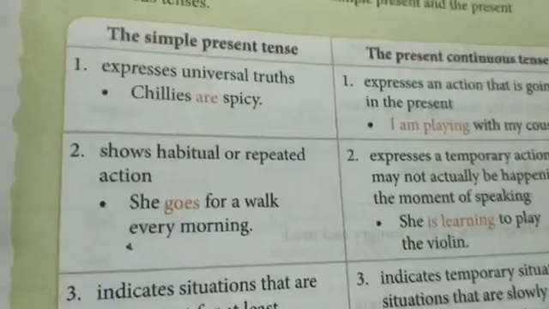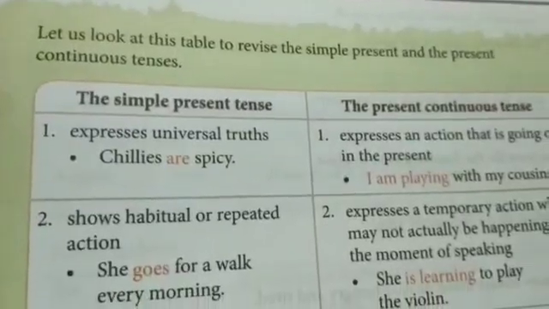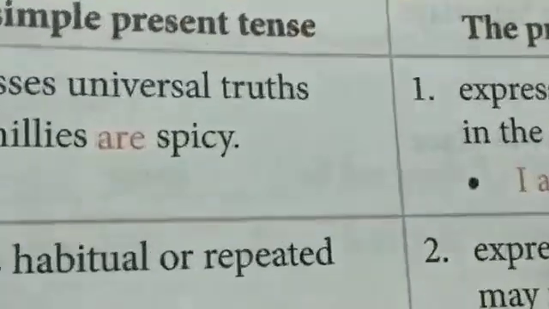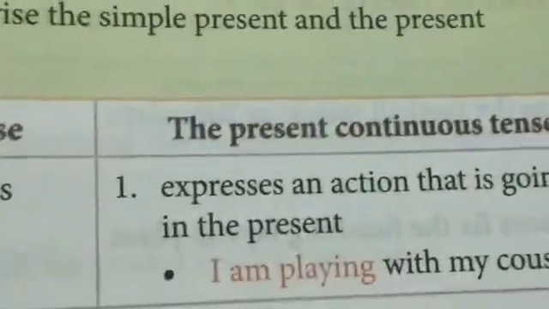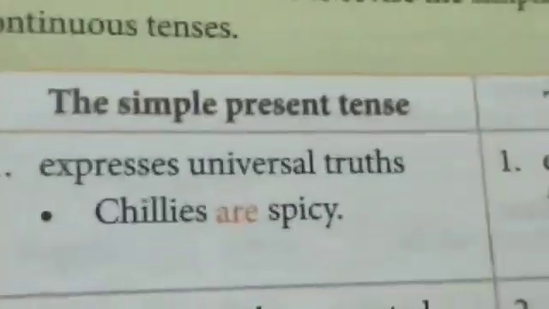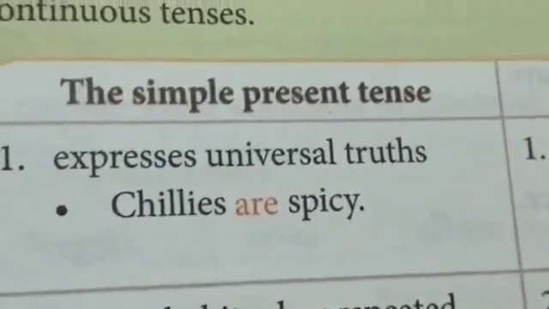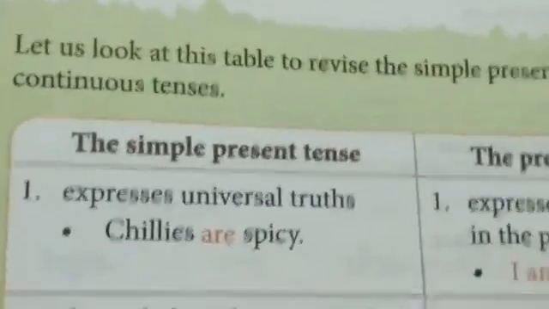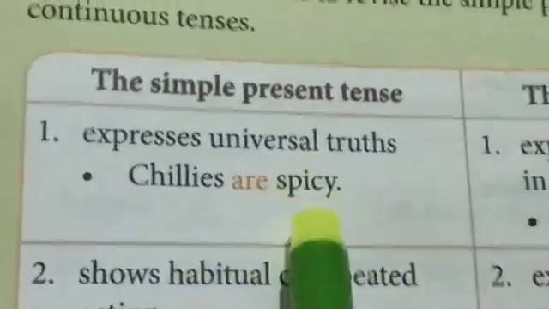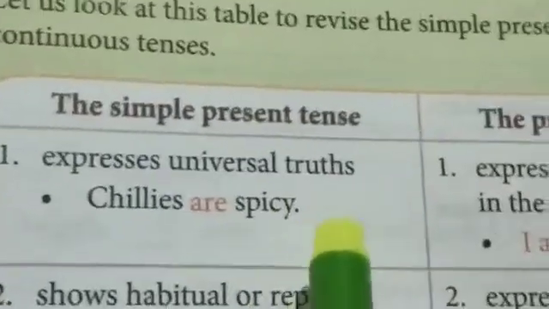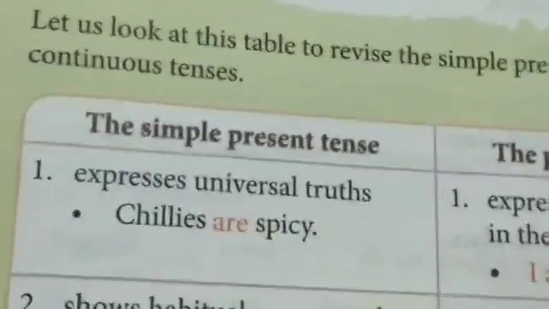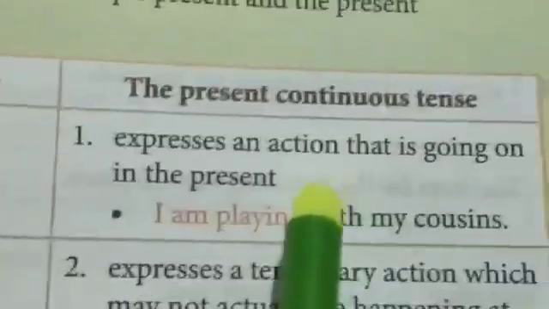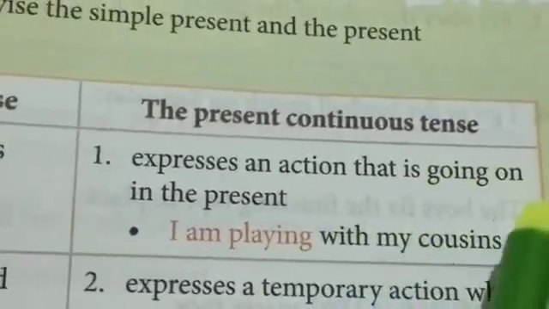Now let's see what is the difference between the simple present tense and the present continuous tense. Simple present tense expresses universal truths, like everybody knows that chilies are spicy. But present continuous tense is used for an action that is going on.